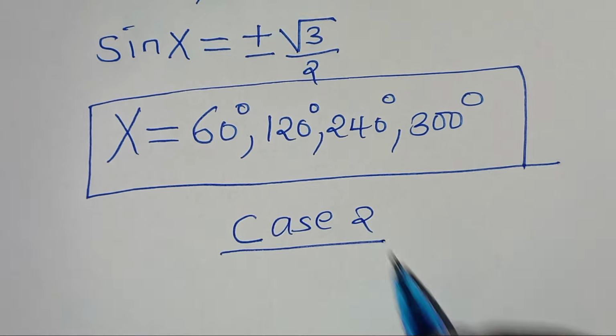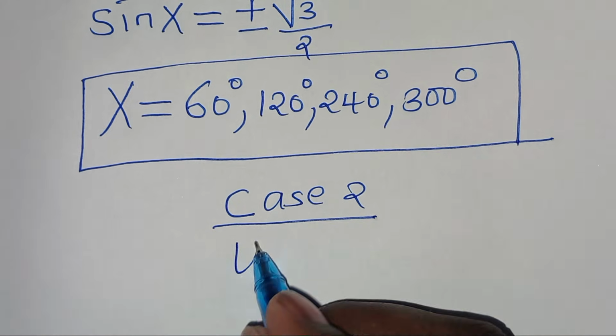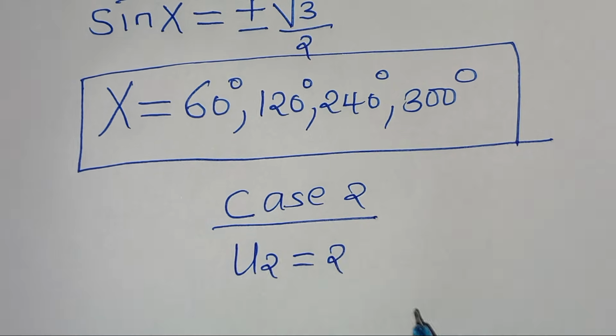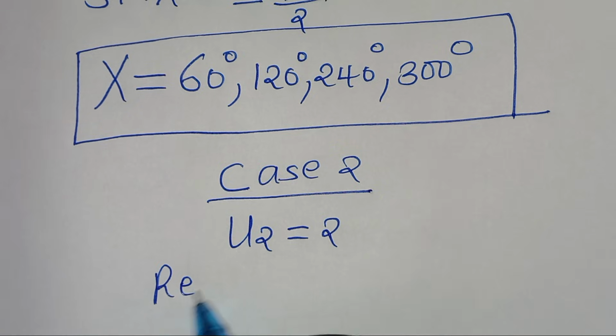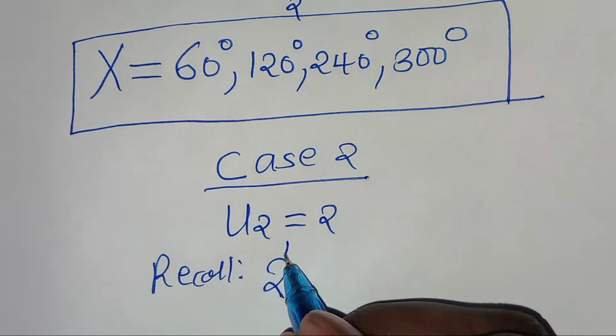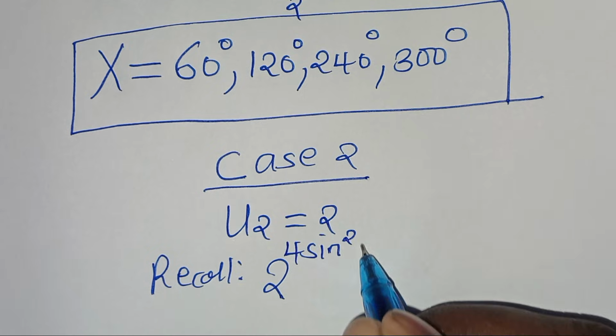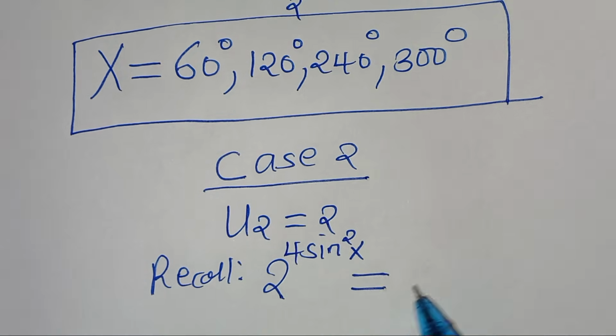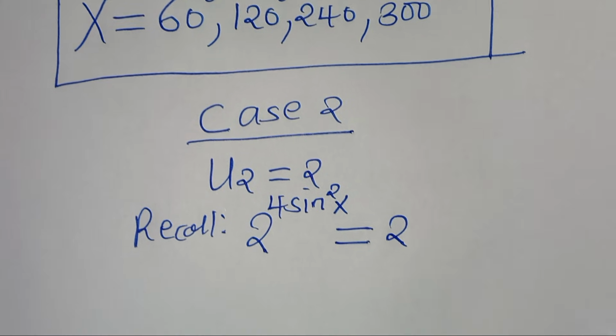In case 2, if you recall, we have that u is equal to 2. And if you recall, we insert that 2 to the power of 4 sine squared x is equal to u, which is 2 in this case.